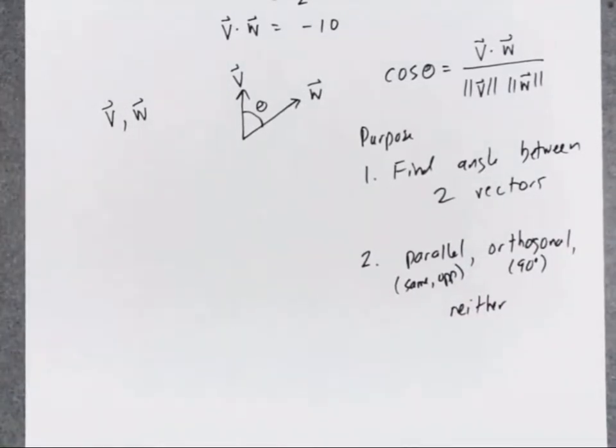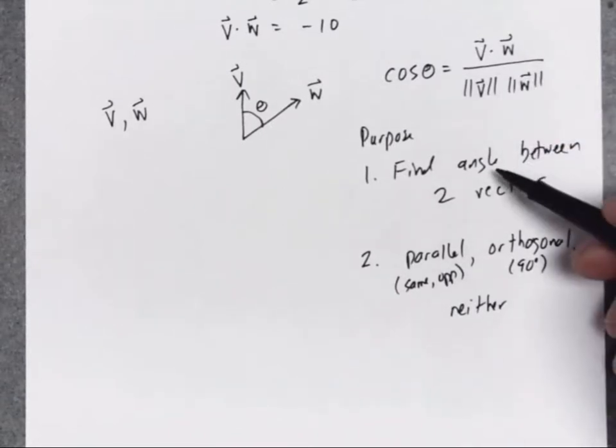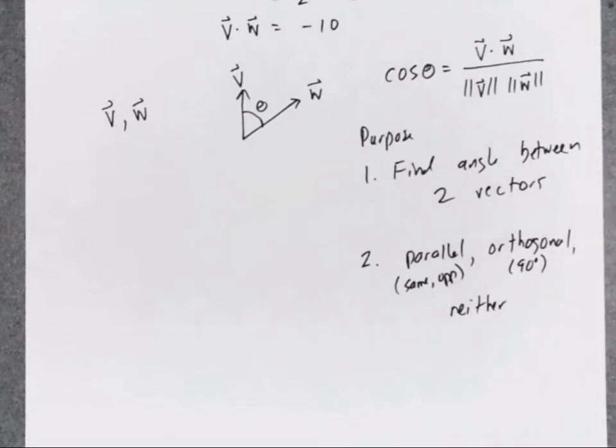They're still parallel, but sometimes they head off in the same direction, sometimes in the opposite direction. So let's take these one at a time, and let's see how this formula allows us to do these two things. So first, let's just take two vectors and try and find the angle in between the two vectors.